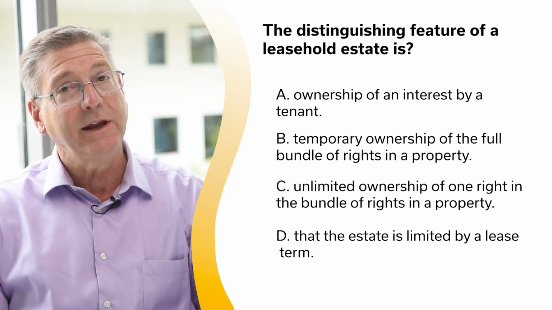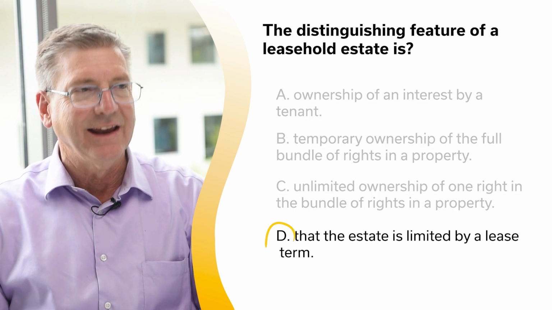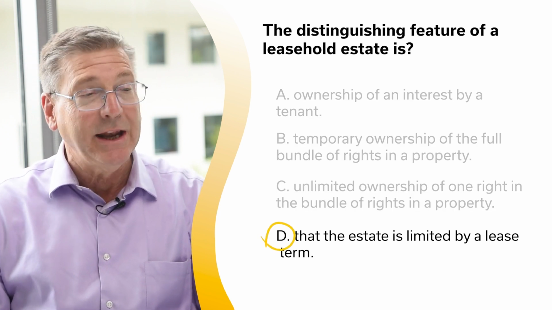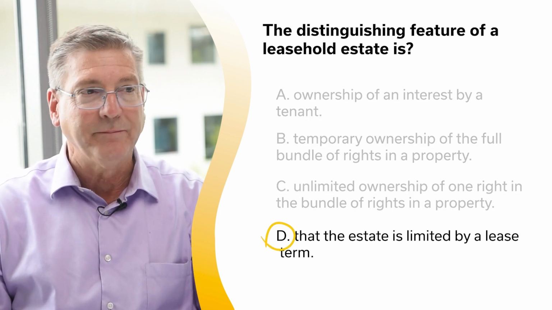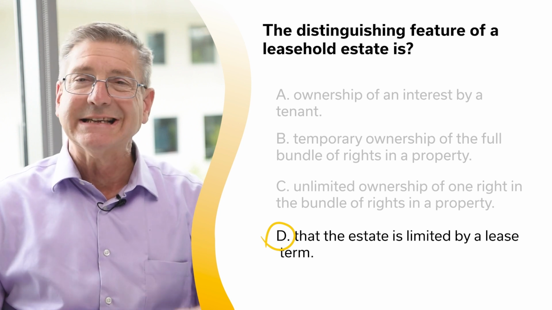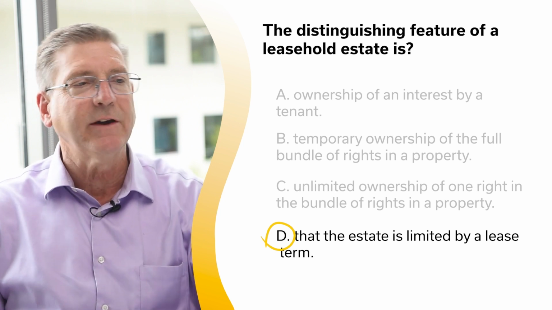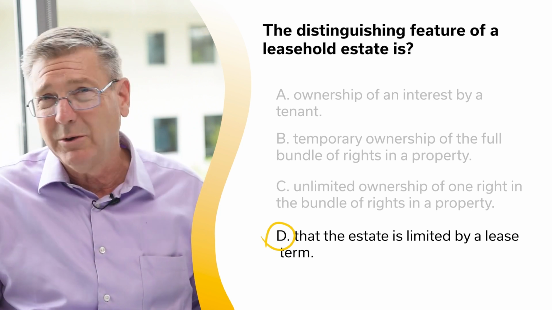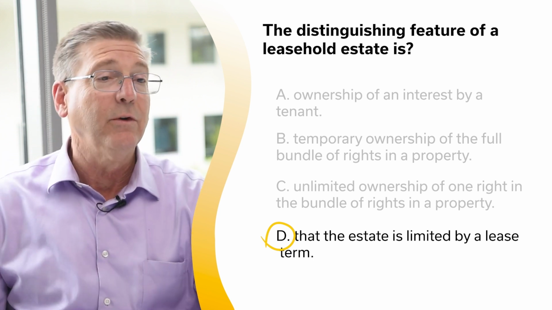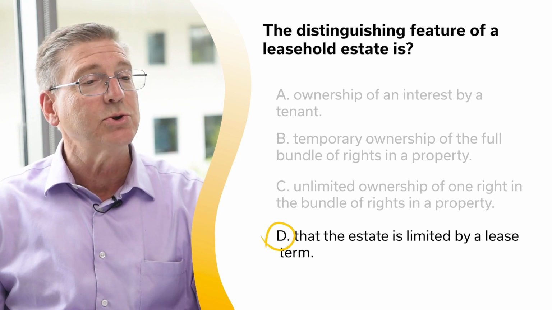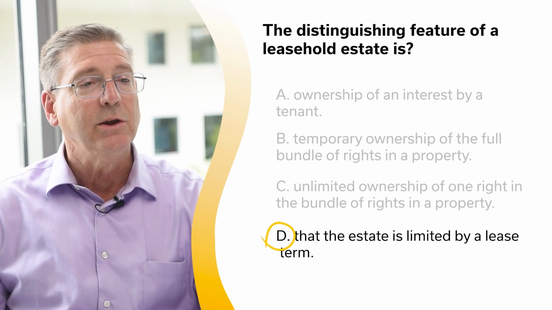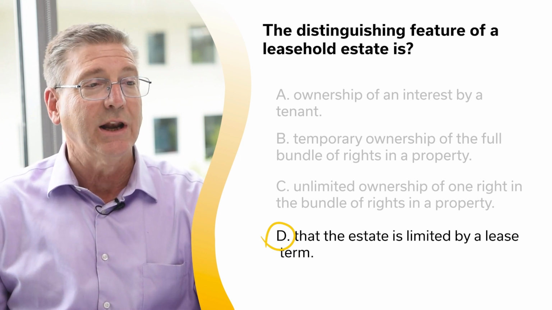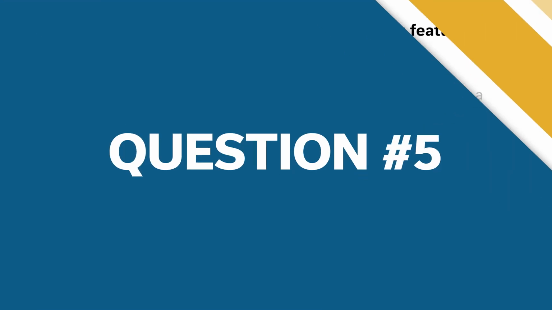The correct answer is D, that the estate is limited by a lease term. A leasehold estate is distinguished by its specific duration as represented by the lease term. It's a lease on a rental property, basically. Further, leasehold tenants only enjoy limited property rights: use, temporary possession, and limited exclusion.